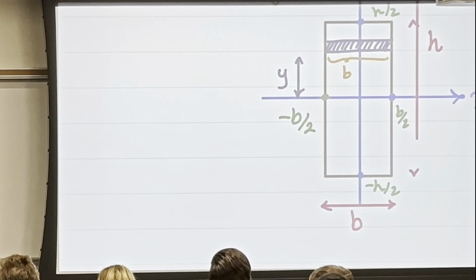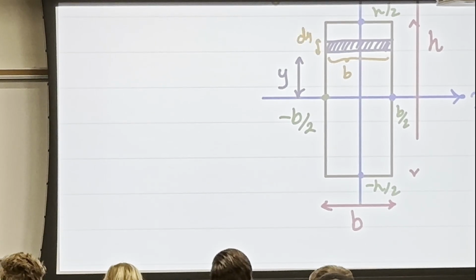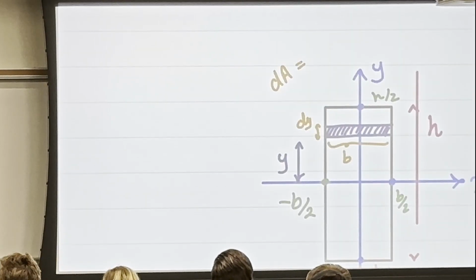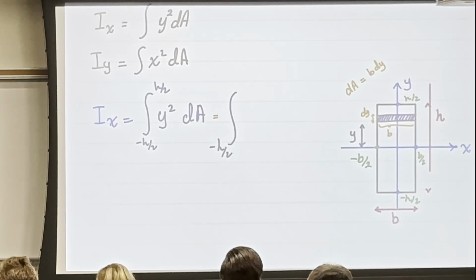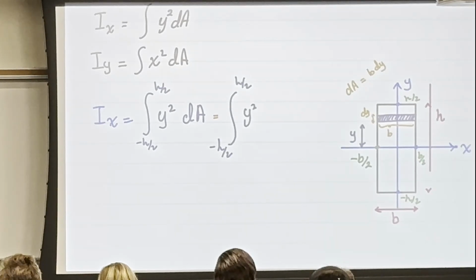And the thickness here, I'm going to call it dy. Therefore, d area is equal to b dy. And I'm going to reflect that in the equation by saying integration again, negative h over 2 to h over 2, and then y squared b times dy.